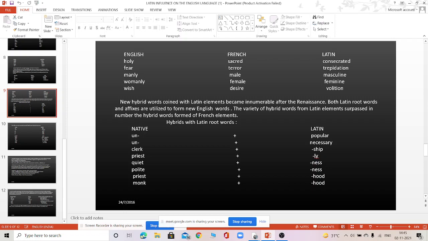So the state of being a priest or the state of being a monk. So these words are hybrid words which have either native affixes or later Latin root words. So like this it continues.